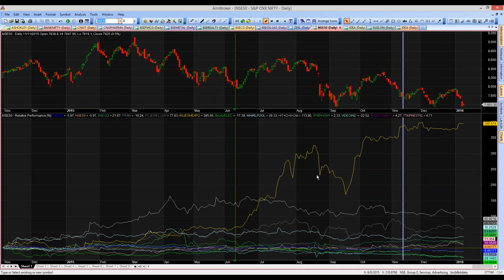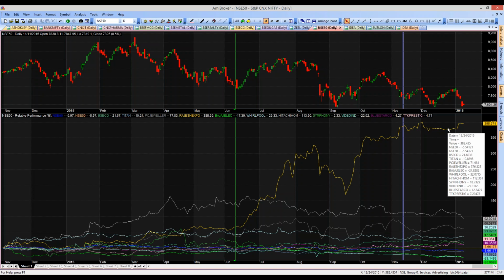So coming back to the yellow, you can see the change in color. You can see that it has basically bottomed out. The yellow line is not growing anymore. It has gone sideways. Is this a sign of topping out? Possible. Or if the market recovers, then this could also do well.